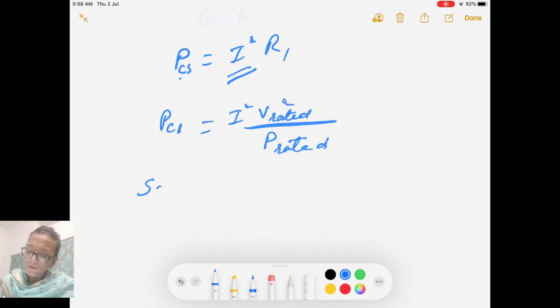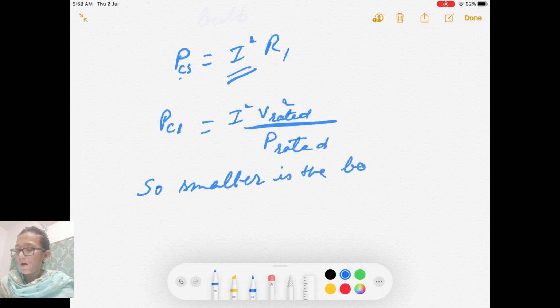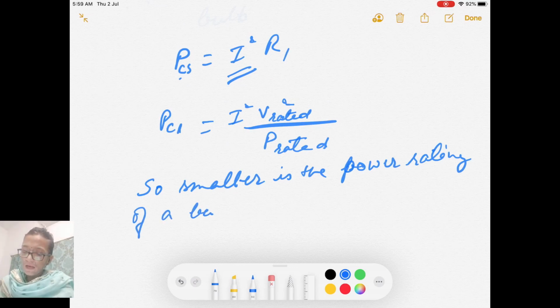Smaller is the power rating of a bulb in series, more illuminance.